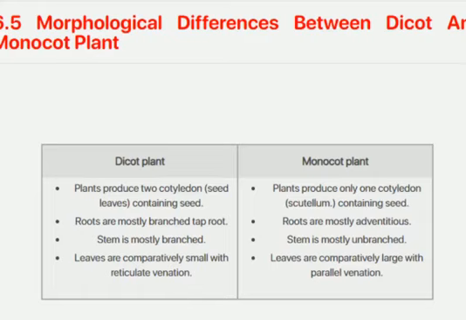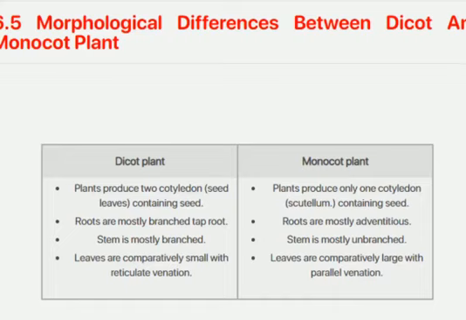Now class, I am explaining the differences between dicot and monocot plants, and you have to write as a question: difference between dicot and monocot plants, later on as differences. You make a column and then write.